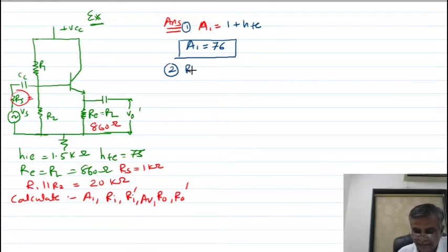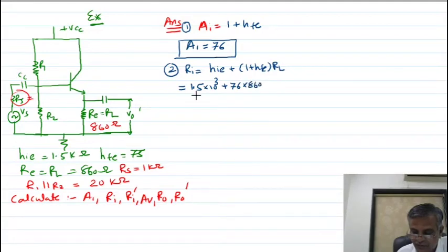RI. RI we have already written as HI plus 1 plus HFE into RL. What is HI? They have given 1.5 kilo ohm. This is 76 into 860 ohm.